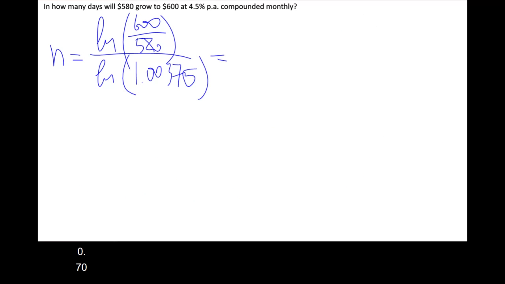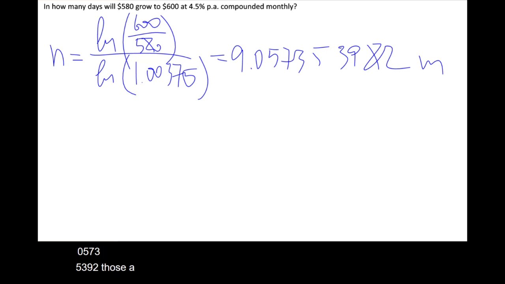Okay, so 600 over 580 logarithm. So I have 9, 0, 5, 7, 3, 5, 3, 9, and 2.